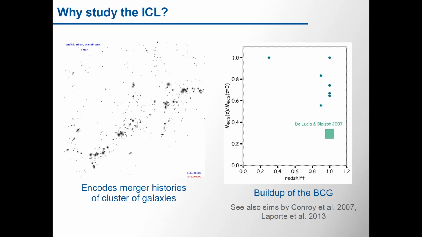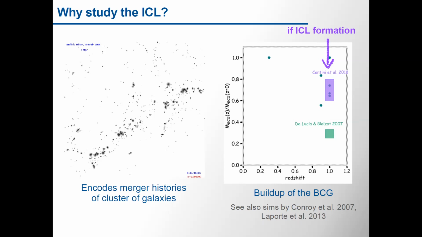However, if there's some intracluster light formation, or if some of the mass, instead of going into the BCG, goes into this intracluster light component, we see that the growth rate of these galaxies from the simulations and from the observations agree much better.